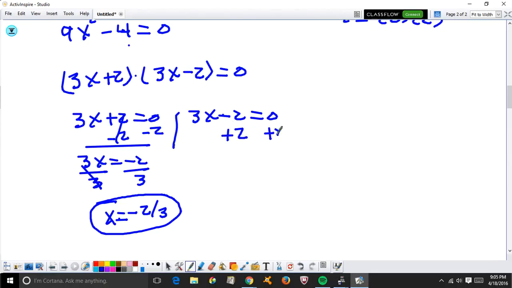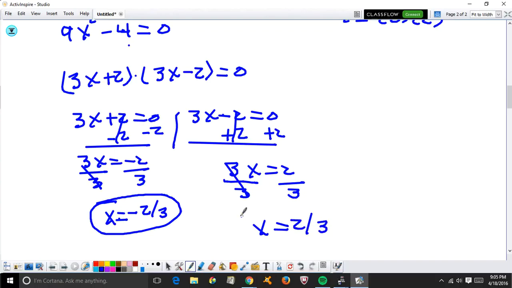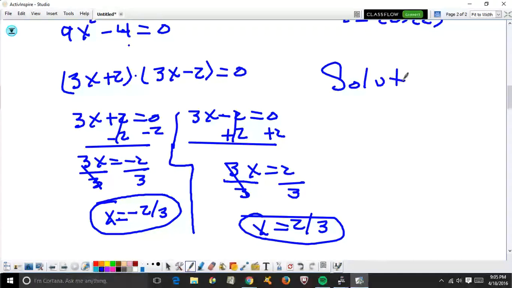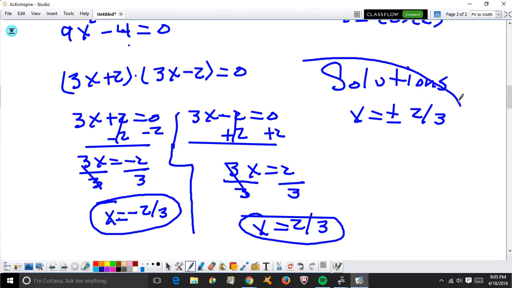We solve the other equation as well. We have 3x equals 2, divide by 3, so x is equal to 2/3. So that means our solutions are x equals plus or minus 2/3.